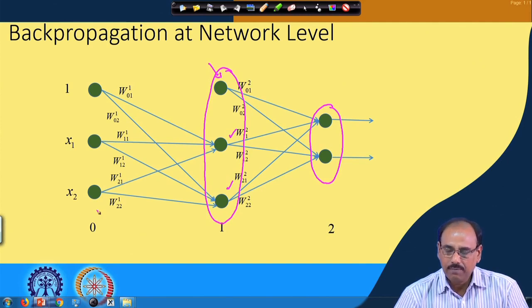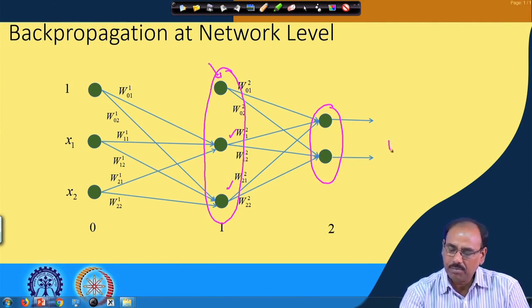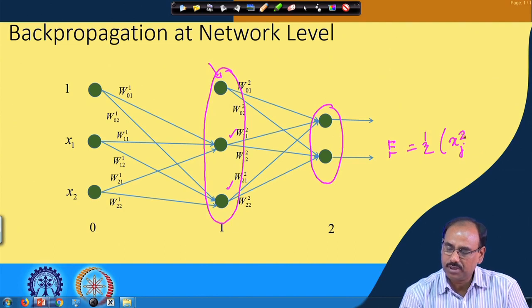There we saw the error energy that you compute at the output, which was given by half of the sum, for j equal to 1 to 2, of the square of xj2 minus tj, where xj2 is the actual output, and because this was the second layer we put it as xj2, and tj is the target.